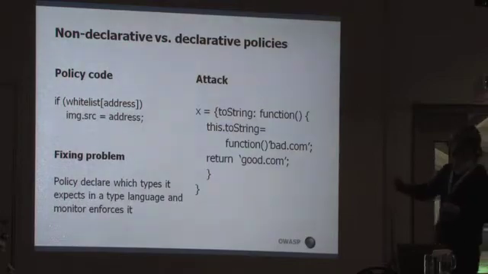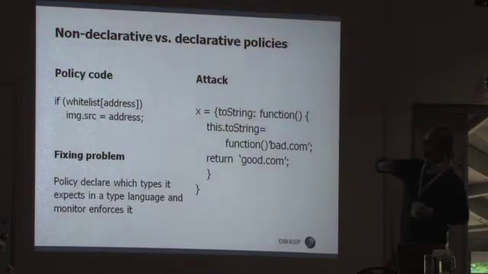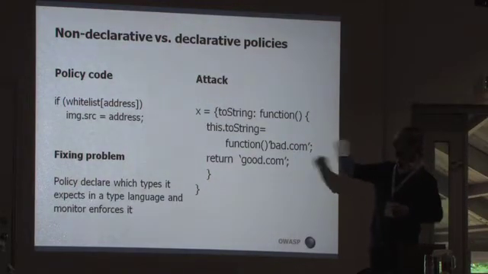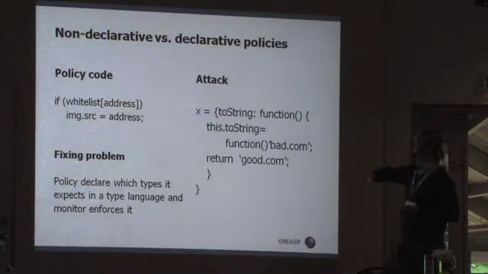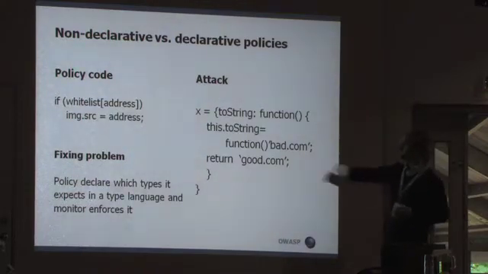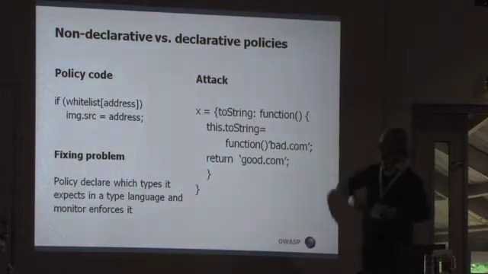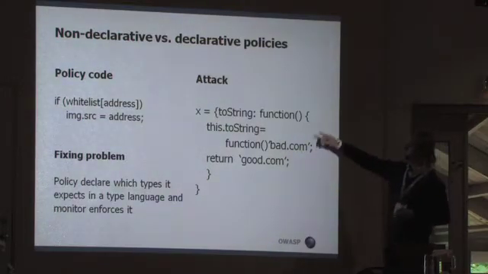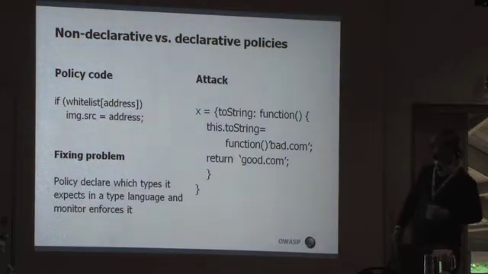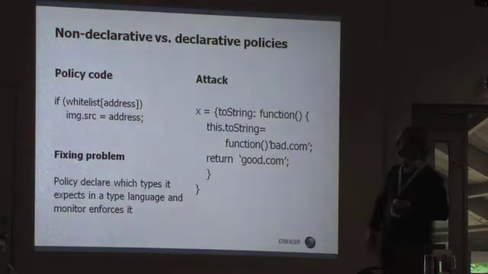So in this case, we look in the whitelist to see if the address is in there, and when we do that, we return good.com. But when it's actually assigned, we have reassigned the toString method to mean something different, so it will return bad.com instead.